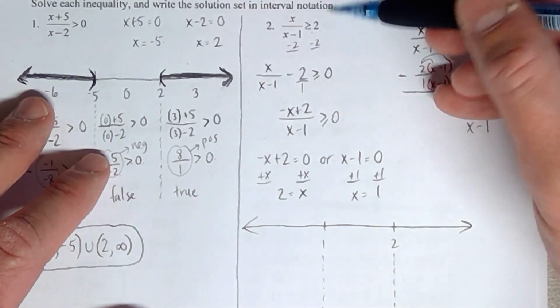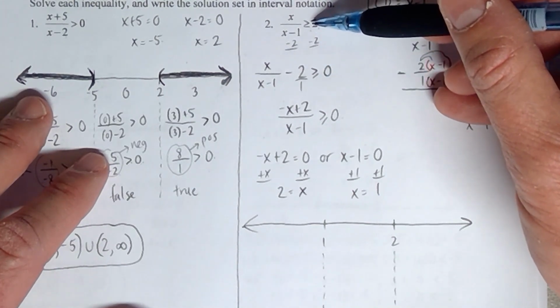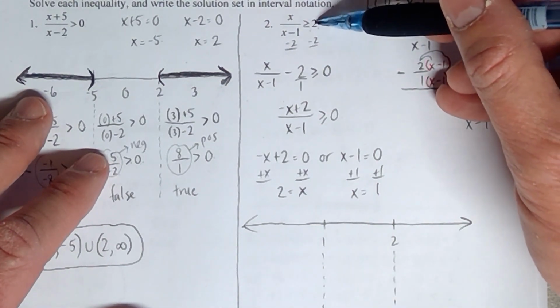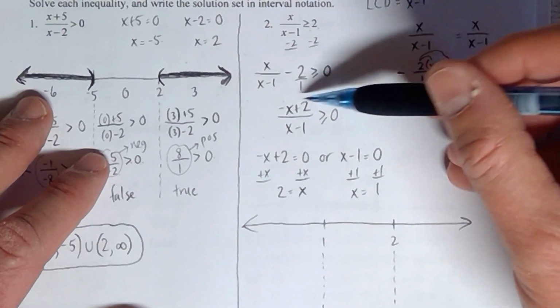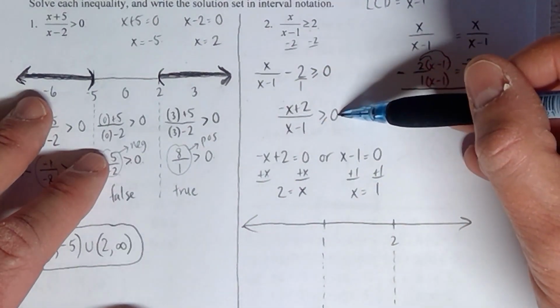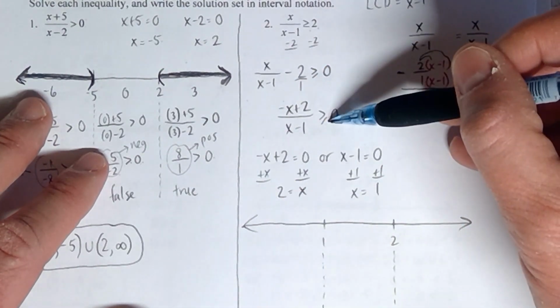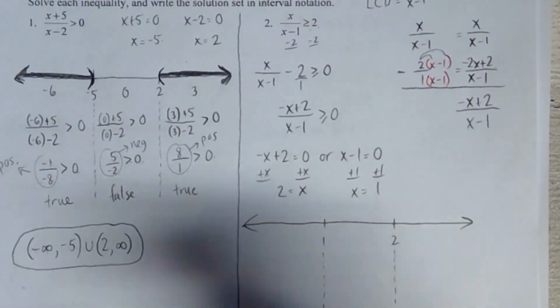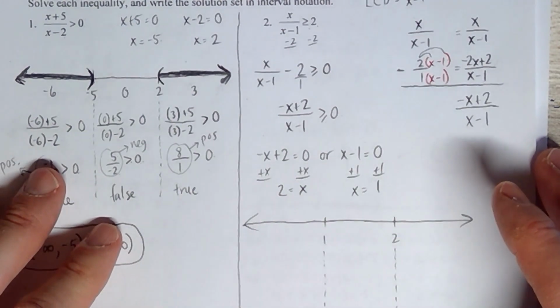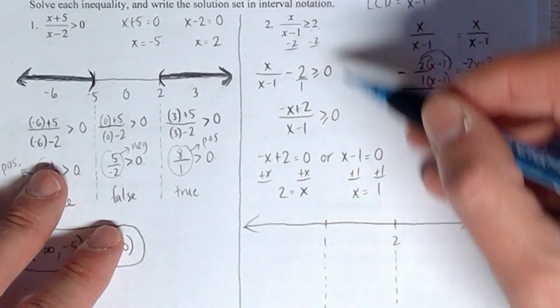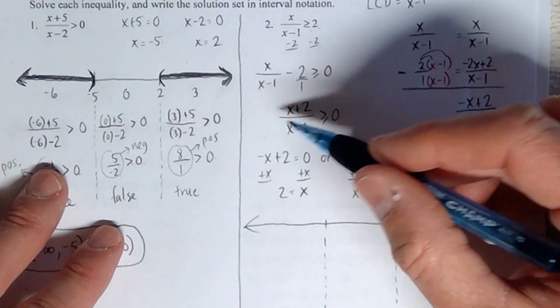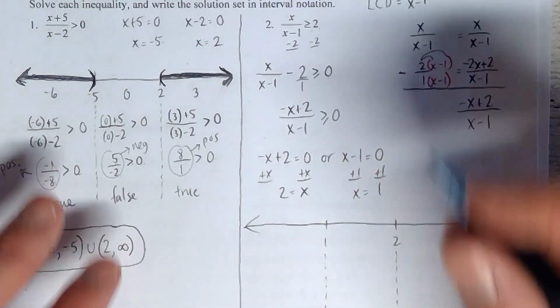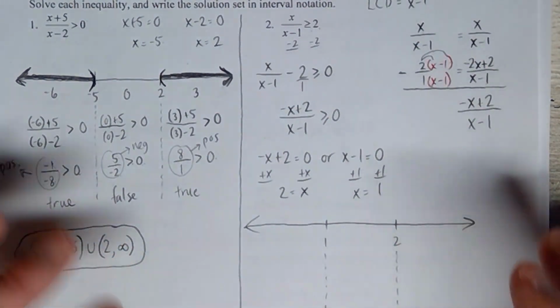But let's put it this way: you could either plug it into the original one or the one where you got the single fraction and then the 0. Either one of those two. Yes, you could plug it into this one as well, but I'm just trying to make things as simple as possible for you here. You can plug it into the original one or the one where we got the single fraction and the 0. Let's keep it simple and just focus on those two things.